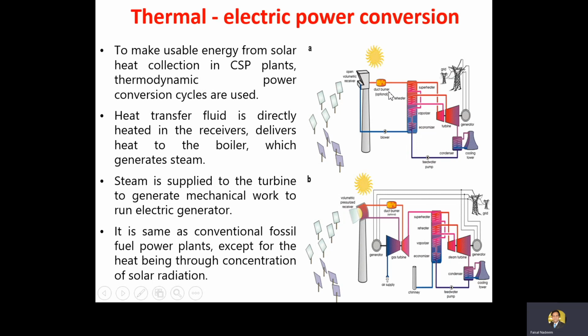This is basically a heat transfer fluid, and it can be water, it can be molten salt, it can be any oil. So this heat transfer fluid is continuously moving from this heat exchanger or reheater to this tower.